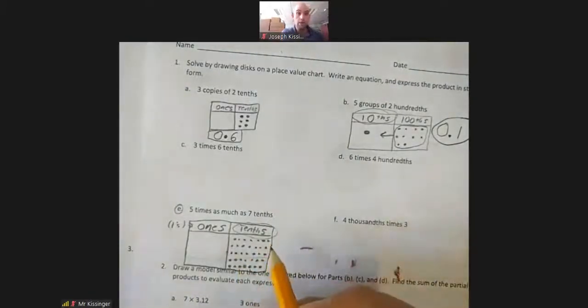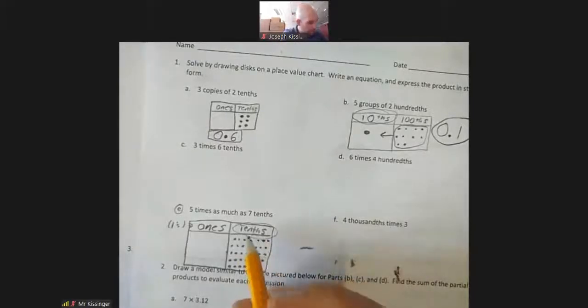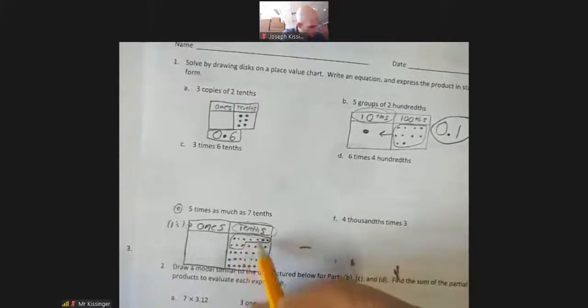So what we need to do next is figure out how many 10 tenths we have, so how many ones we have altogether, because 10 tenths is 1 whole. So we have 7, 8, 9, 10. So we'll circle these here. This will be 1 one. And then we have 1, 2, 3, 4.